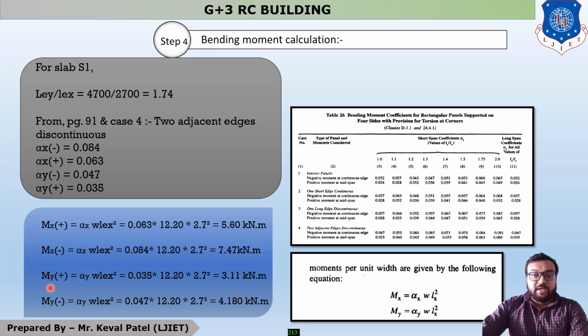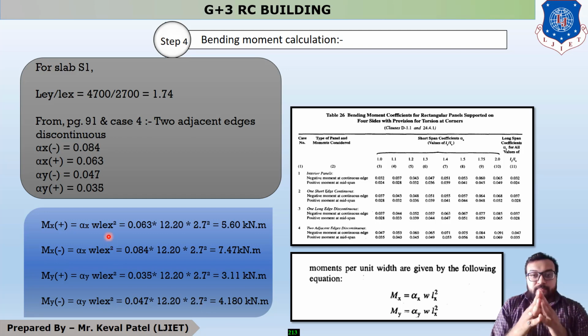Whenever we have to find My positive, the coefficient is alpha y positive, which is 0.035, w is 12.20, and Lex is 2.7 squared. After putting in all these values, we get 3.11 kilonewton meter. And at last, My negative is 4.18 kilonewton meter.